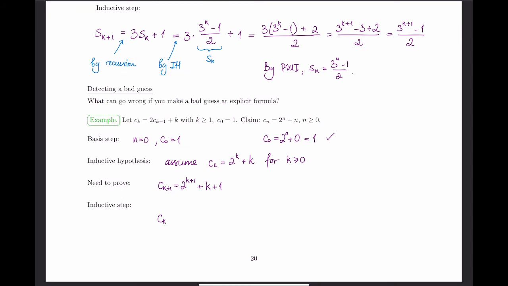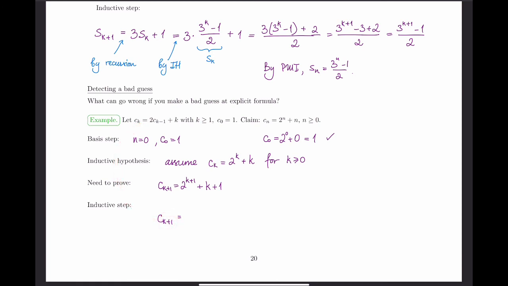So I'm starting with the left-hand side, c sub k plus 1. The first thing I need to do is get from k plus 1 down to k, so I'm able to apply the inductive hypothesis. The only way to do that is to actually apply the recursion. So by recursion, I'm going to get that, and you just need to actually plug k for k plus 1 here.